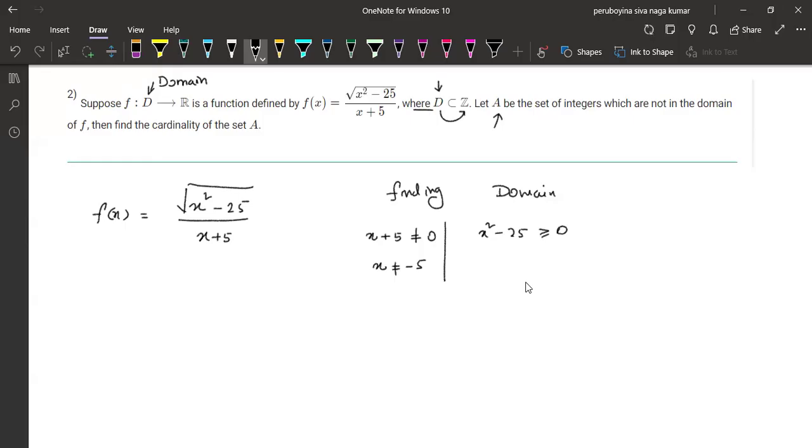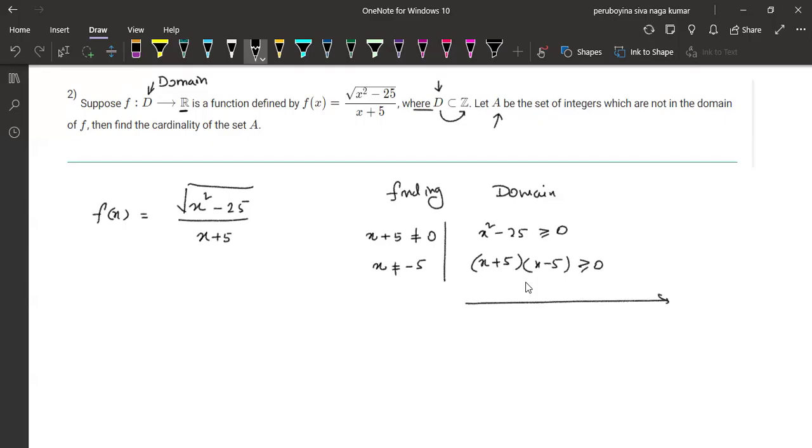But here they are talking about the output being real numbers. So this must be greater than or equal to 0. So you can write x plus 5 into x minus 5 greater than or equal to 0.